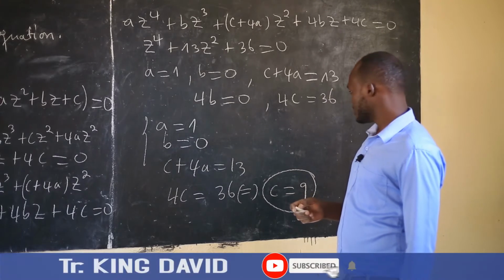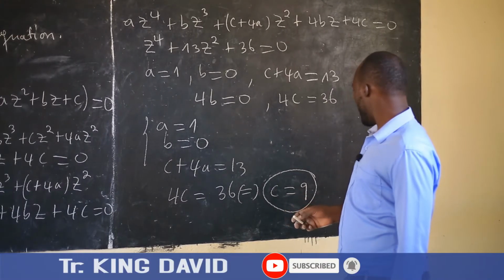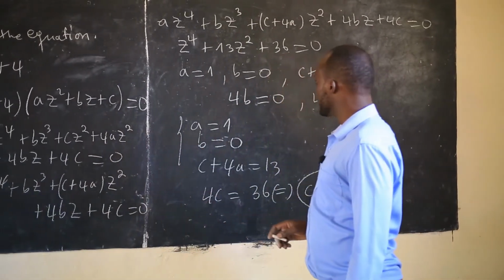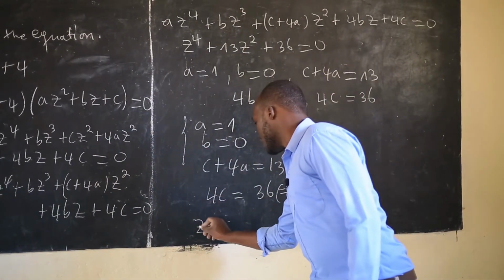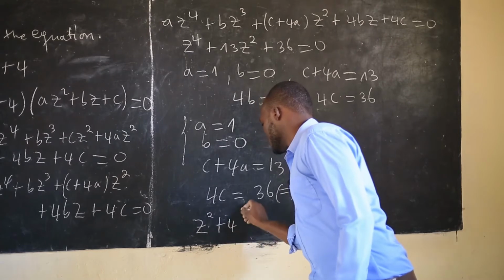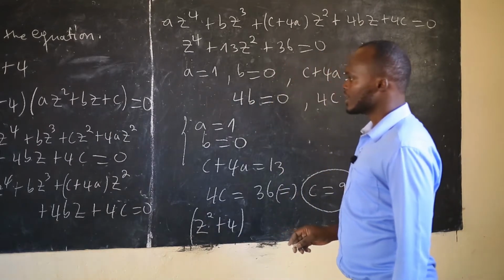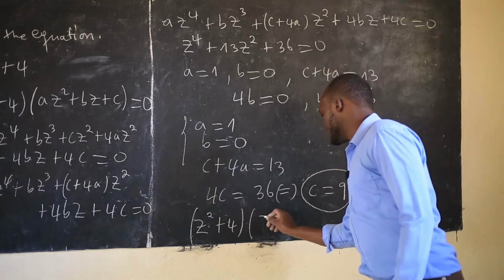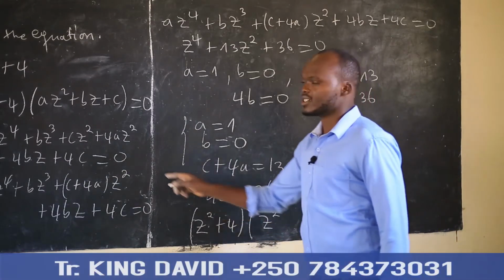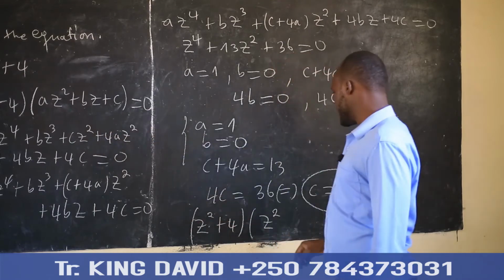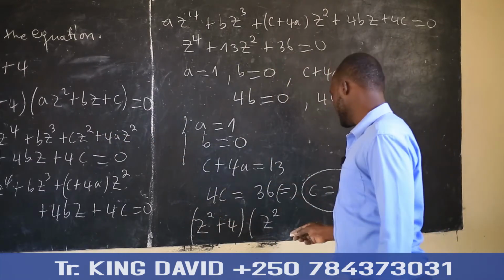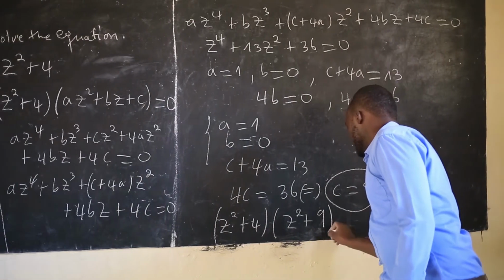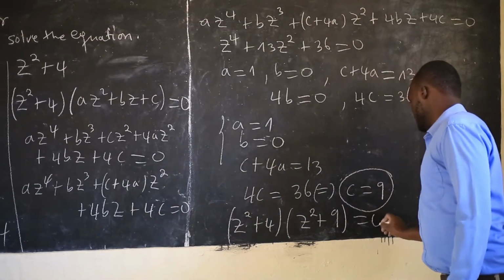So now, it means that our equation will be z squared plus 4 into bracket, our a is 1, that's z squared, I'm using this equation, plus b, our b is 0, plus c is 9, which is equal to 0.